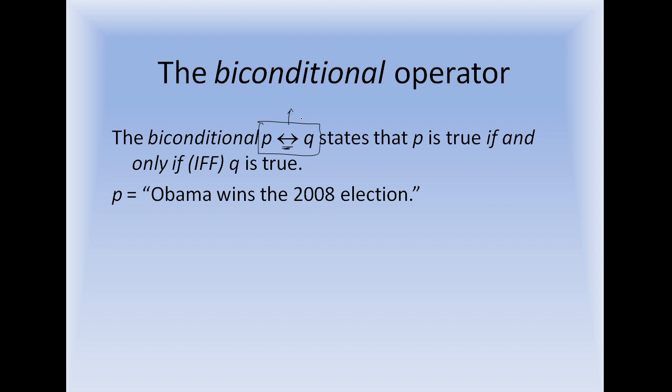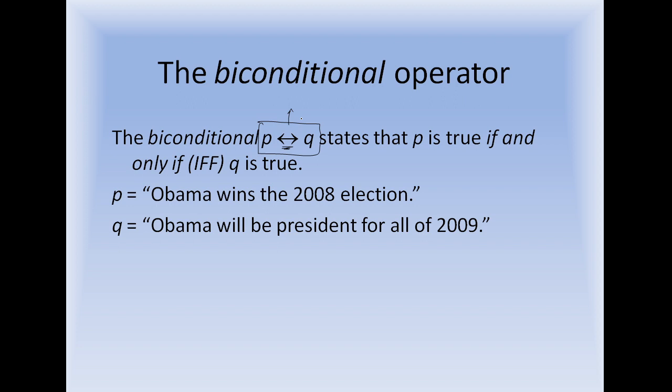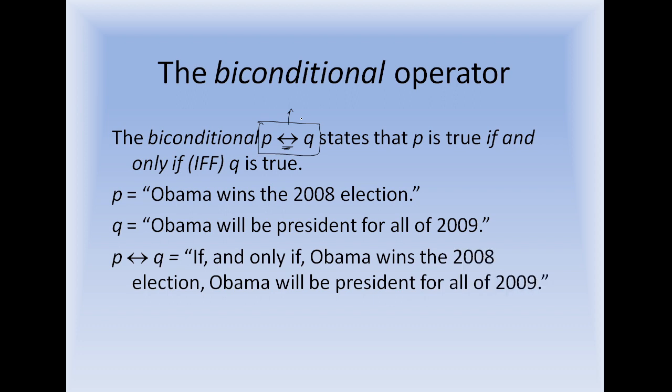Obama wins the 2008 election. That is the first statement P. Obama will be the president for all of 2009 is the second atomic statement Q. Then P double implies Q is, if and only if Obama wins the 2008 election, Obama will be the president for all of 2009. Same statement you can write in other way.